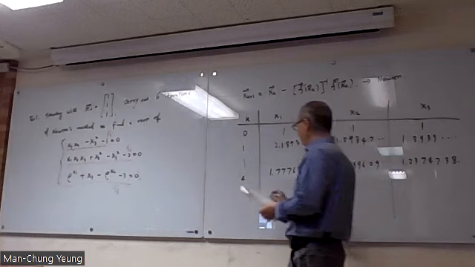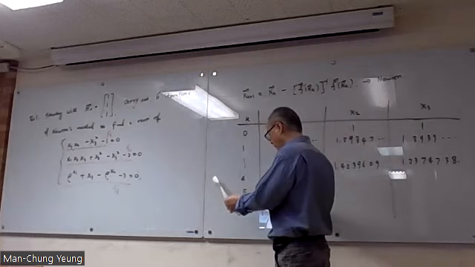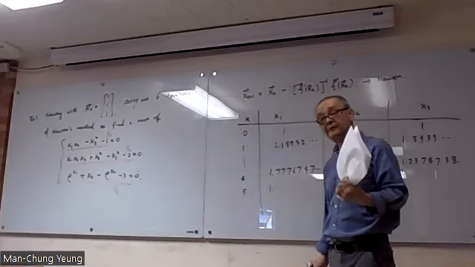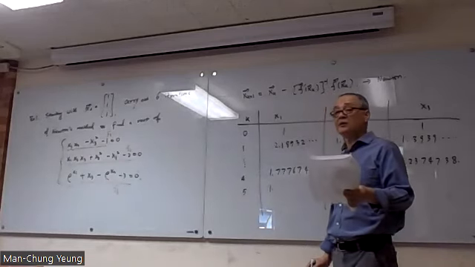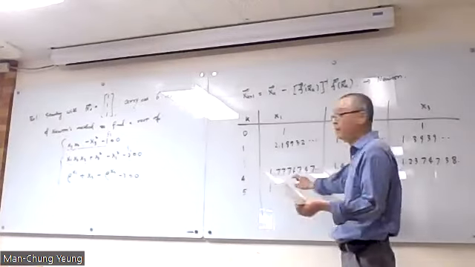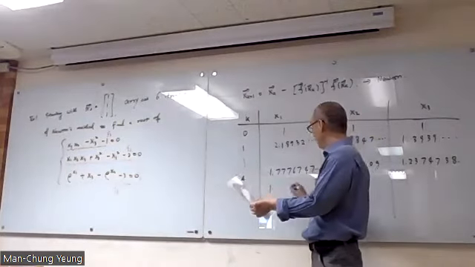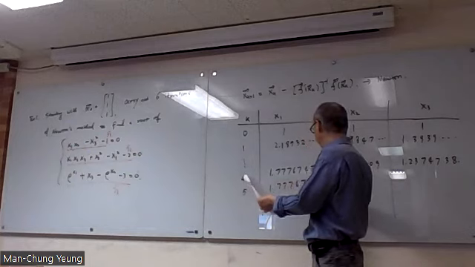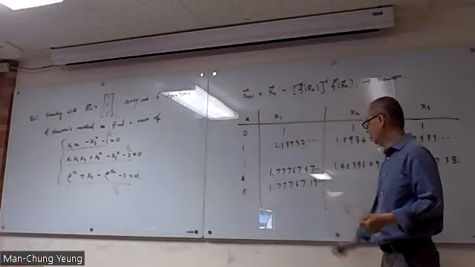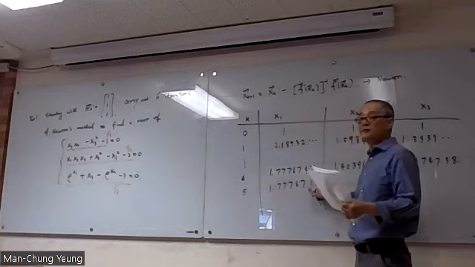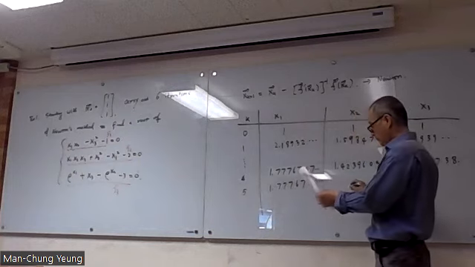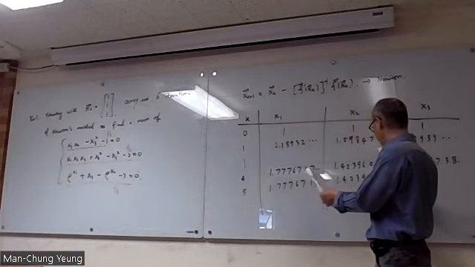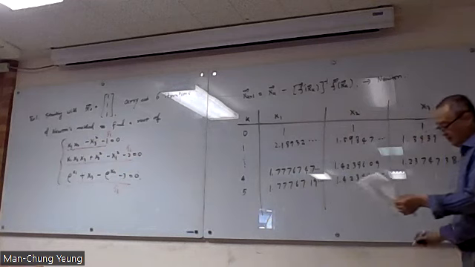Now x5 has almost no improvement on x4. Very close. See, the first few digits match: 1.42396, 0.5.